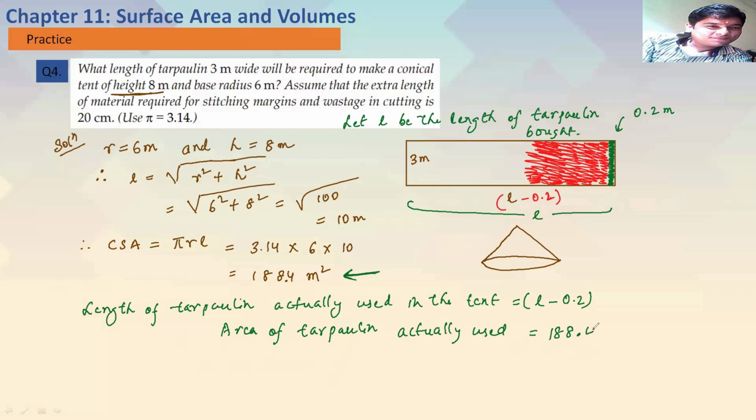Very good. Now, how do you find out area of rectangle? Just like the previous question. It's L into B, which is L minus 0.2 times B. Into B equals 188.4.